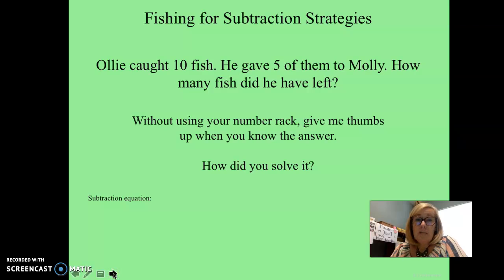Ollie caught 10 fish. He gave 5 of them to Molly. How many fish did he have left? Without using your number rack, give me thumbs up when you know the answer. 10 minus 5 equals 5.